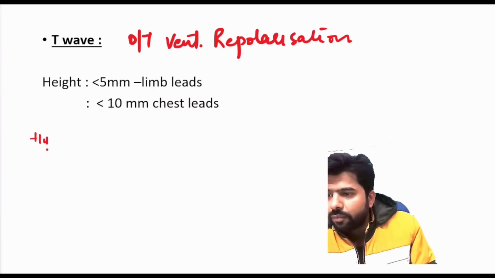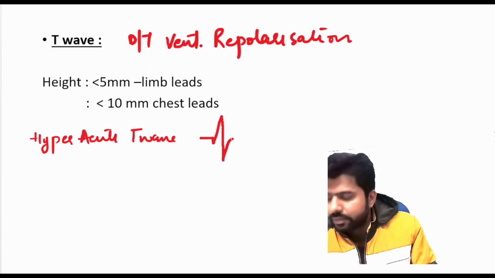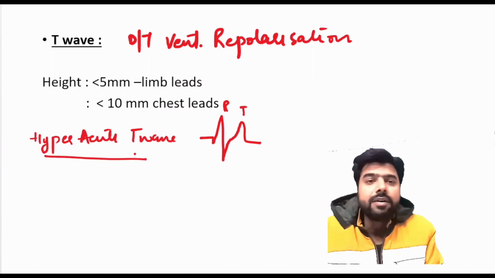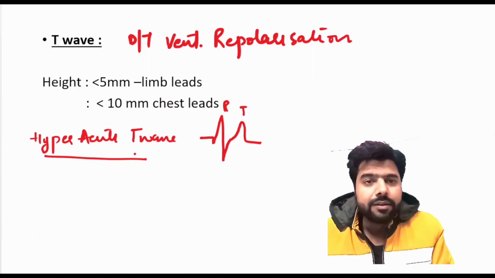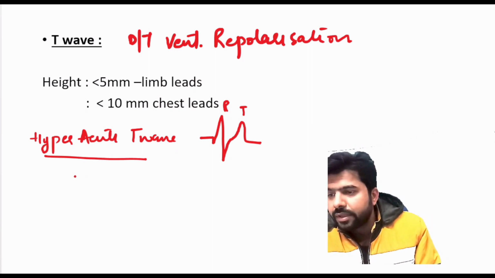Now, what are the hyperacute T waves? If suppose this is the QRS, this is R, this is T wave. Now this is the hyperacute T wave, in which the T wave is larger than the normal T wave. It is seen in conditions like MI.